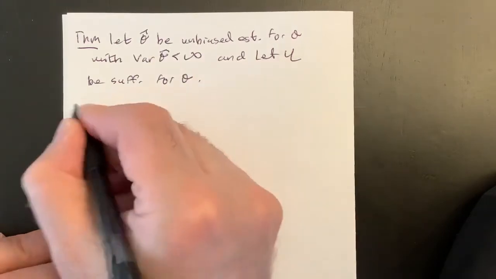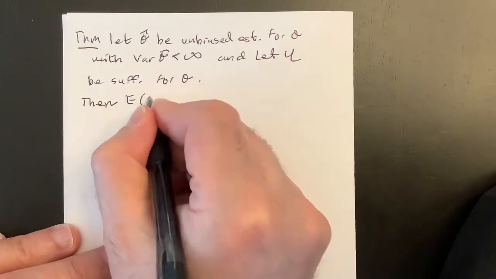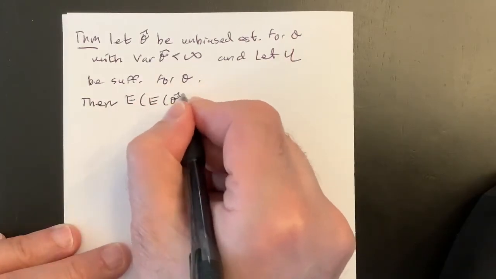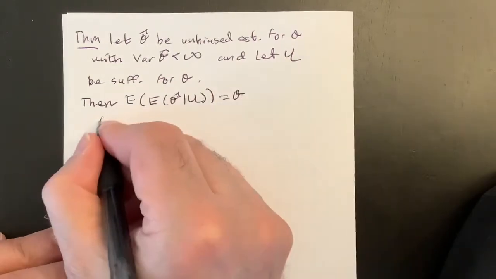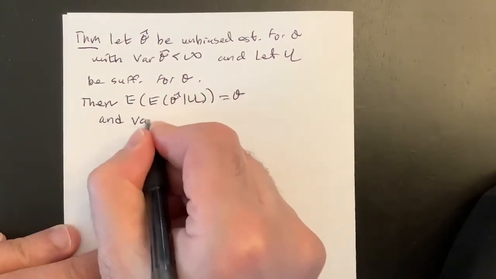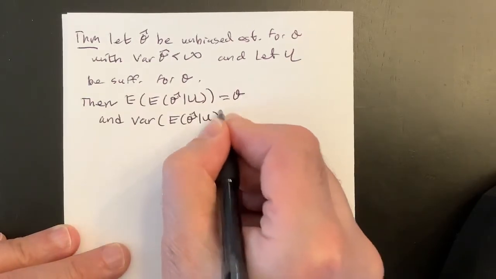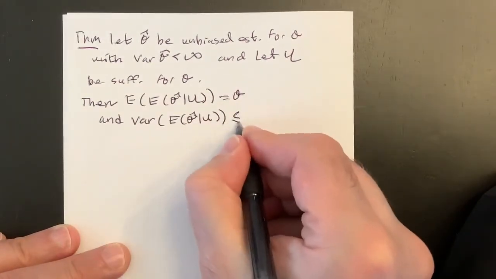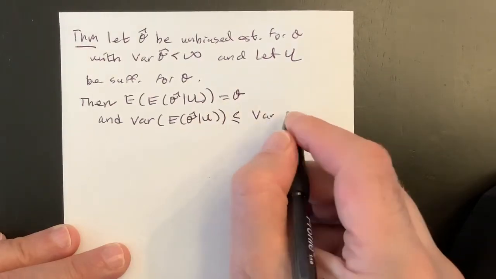Then E of theta hat given U is equal to theta, and the variance of E of theta hat given U is less than or equal to the variance of theta hat.